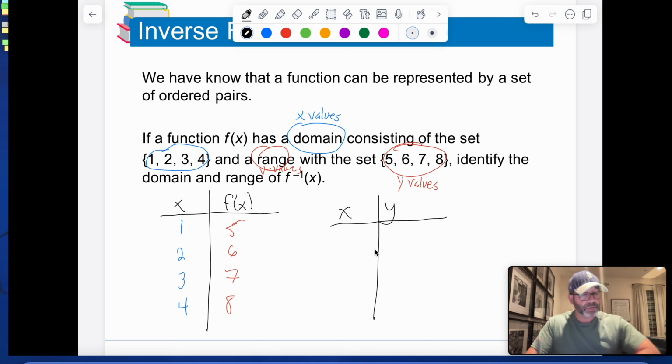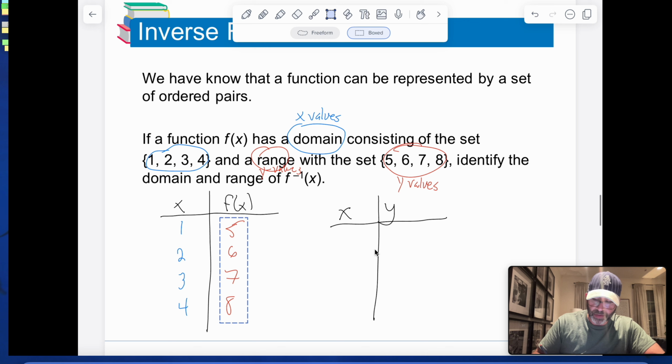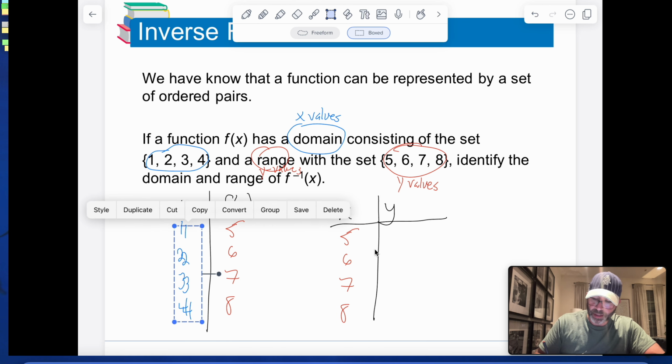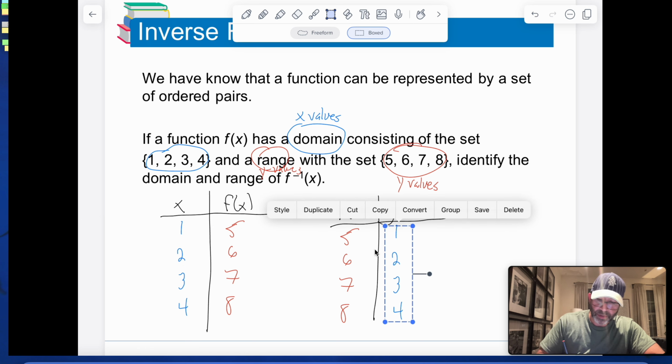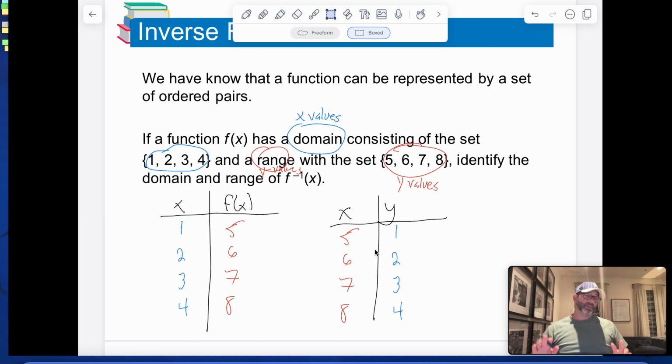So that 1 and the 5 will swap. And what's going to happen is all of these points right here, we'll duplicate them, are going to now swap, and they're going to actually move over here. So it's going to be right here. And that these points right here will duplicate and are going to end up over here. So all we did was just take the x's and the y's and we just swapped their places.